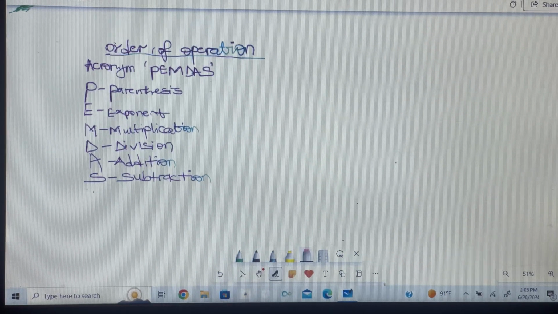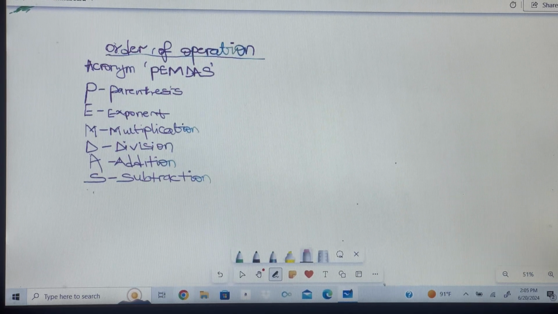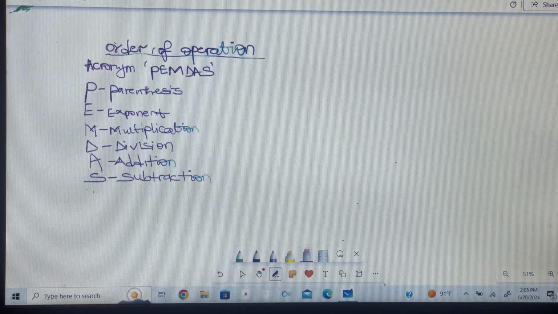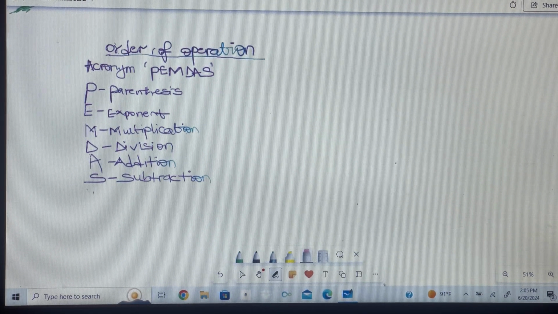Hi everyone. In today's lesson, we're going to discuss the order of operation in algebra. If you're given an algebraic expression, you have to make sure you use the order of operation to get the right answer. The acronym is PEMDAS.